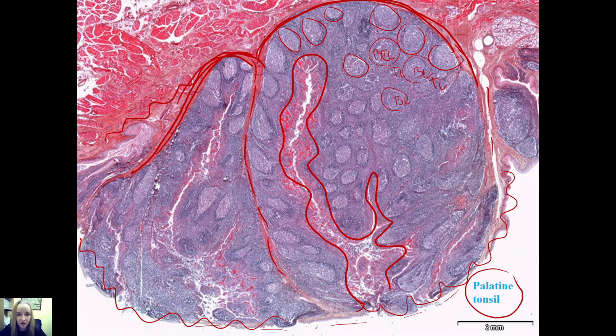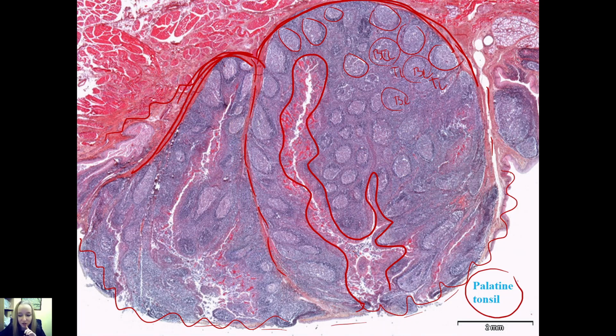That's normal stratified squamous epithelium, with crypts that sometimes contain pus and mucus and fluid. And you can see the crypts also from your view when you have a close look and you open your mouth. You can see the palatine tonsils, and you're probably able to see these invaginations of the palatine tonsils.